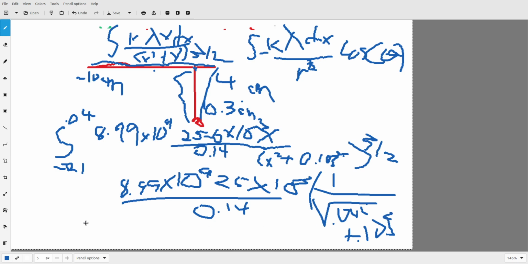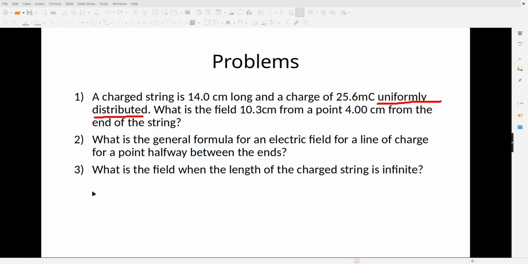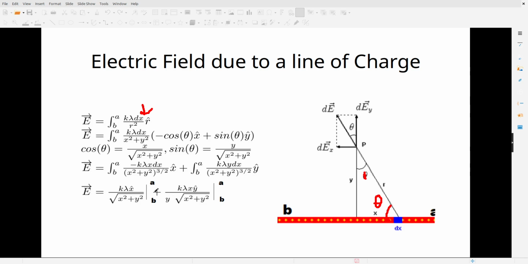Now, going back to the formula here, the x is the only thing that's changing. X hat is always the same.